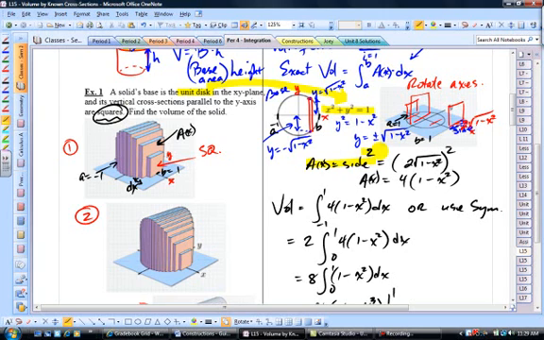So step 1 is we find the cross-sectional area. Right here, step 1. And step 2, we set up an integral using the bounds, and we integrate from the left bound to right bound, and we take A of x right here, which is our cross-sectional area, times our thickness, our delta x, which in the integral is our dx. Okay, so step 1, find the cross-sectional area and simplify it. Step 2, integrate, and you're done.